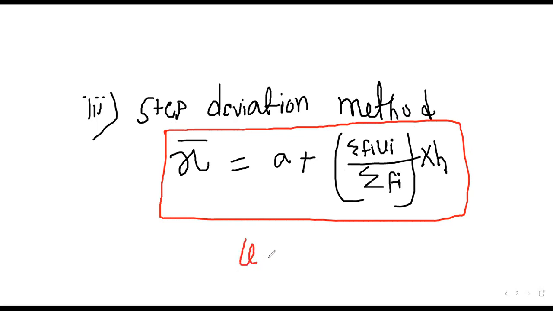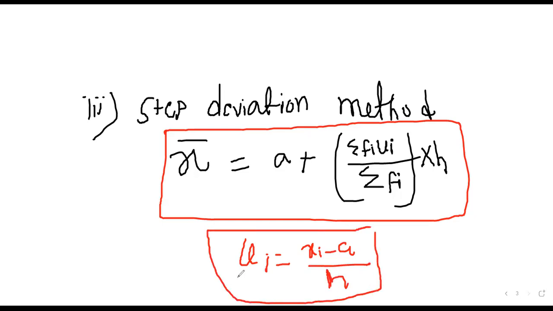What is ui? Ui is di by h, that is xi minus a, whole divided by h. H means class size. So we calculate ui by this formula.